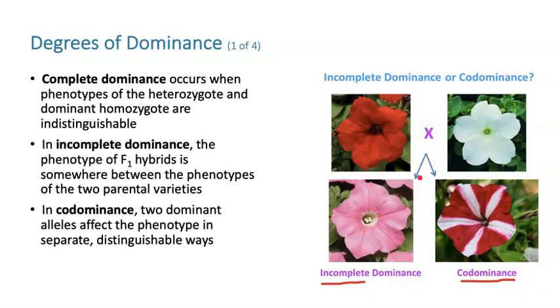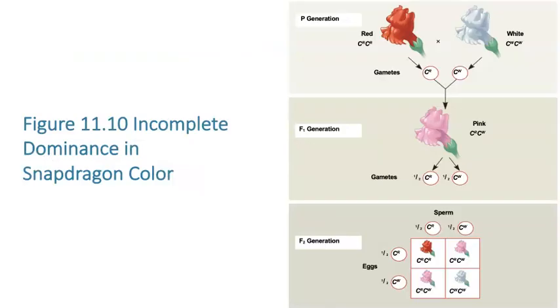If you've got the red and white parent and you see stripes or polka dots where they're both showing, that's codominance. If you did this cross and they all showed up red, then you would have complete dominance. Hope that makes sense. Those are very important terms as we go along, and we're going to talk a little bit more about that in detail.